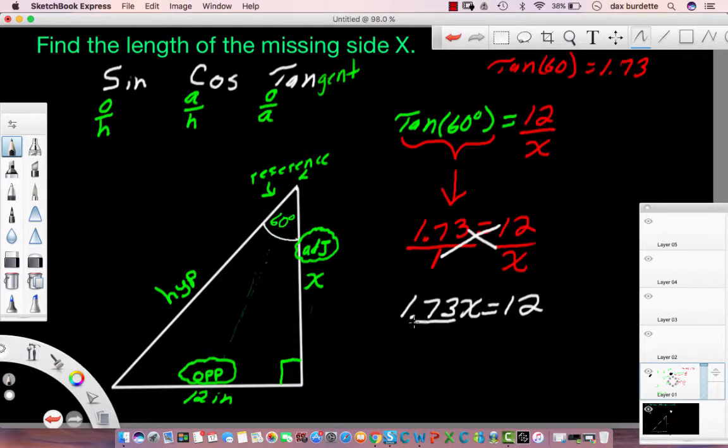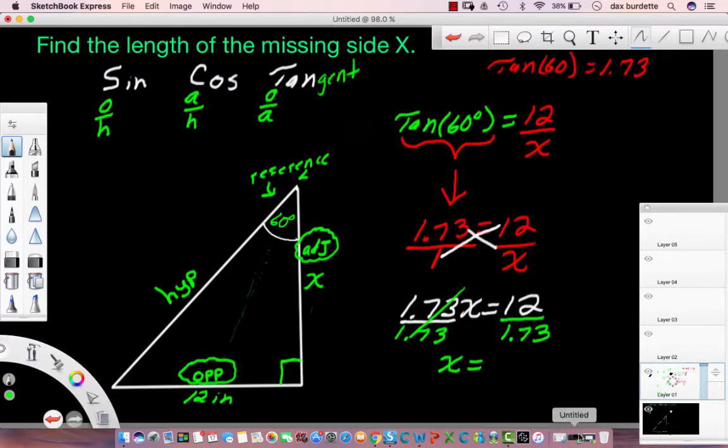So we're going to divide this side, using a different color, green, by 1.73, which means we need to divide this side also by 1.73 to maintain the value of the equation. So x is equal to the quotient of 12 divided by 1.73.